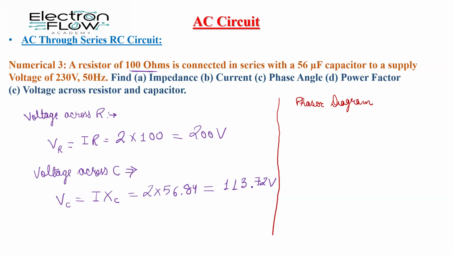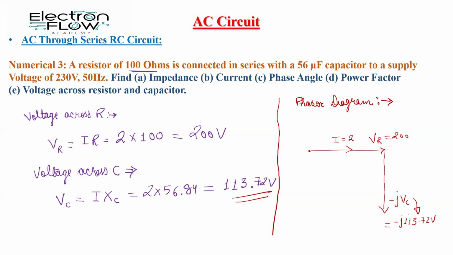If I draw the phasor diagram of those values, this is our VR. In the case of the resistance, the current is in the same phase with the voltage. The value of VR is 200 volt and the current is 2 ampere. From here, 90 degree apart is minus j VC, and the value of this is negative j 113.72 volt.